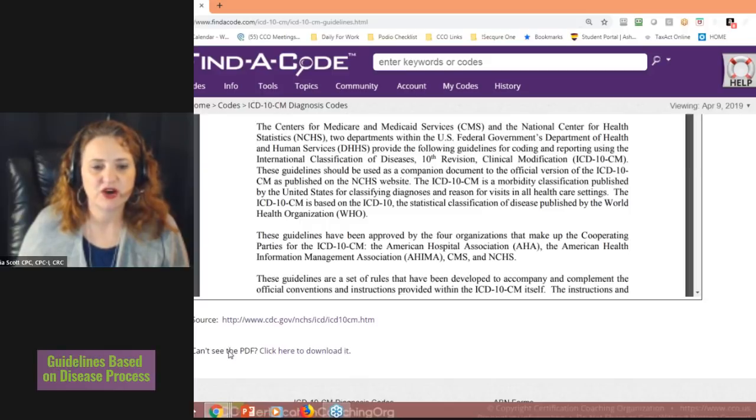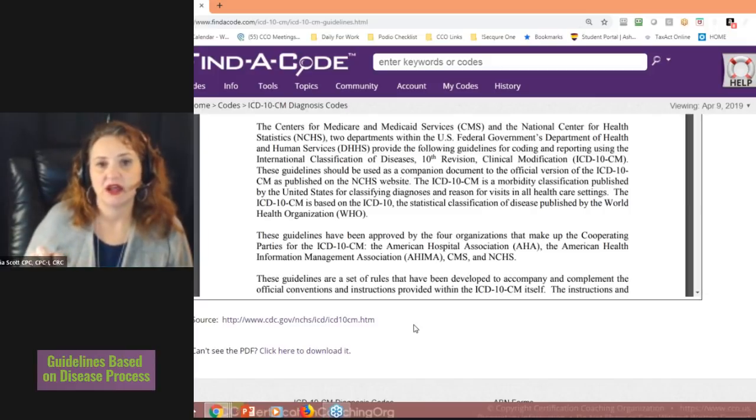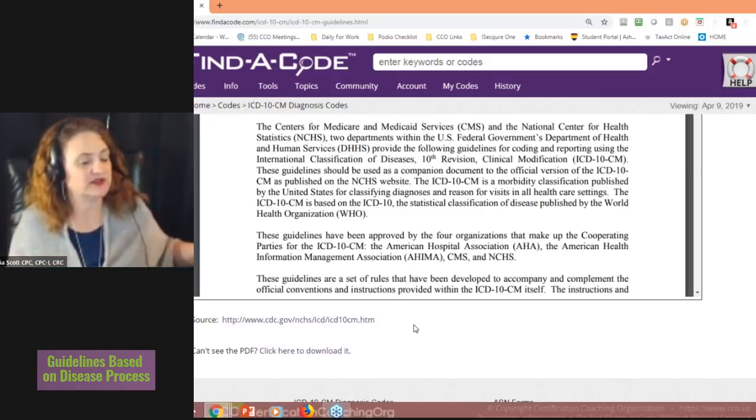You can get this off of the cdc.gov/NCHS/ICD/ICD-10cm.htm. But if you have Find a Code, you can just download it from there. Okay. You can go to cms.gov and just type in the year and ICD-10-CM guidelines, and it'll give it to you.